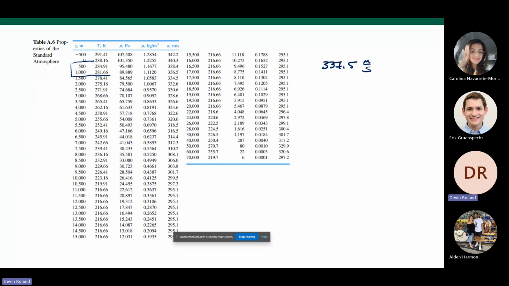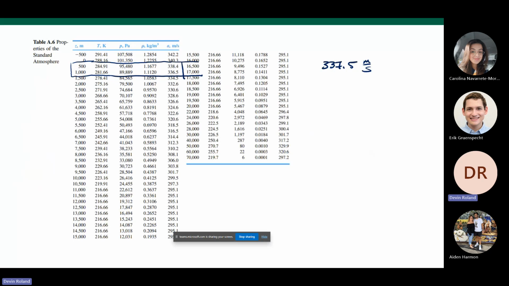Oh no, this section right here. And we see that we have 338.4 and 336.5 meters per second. So this value is falling in between there.